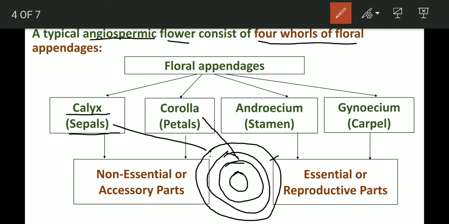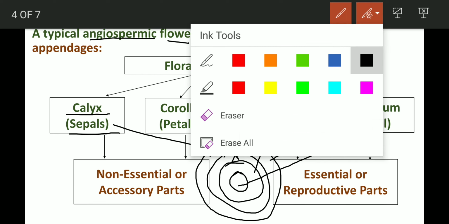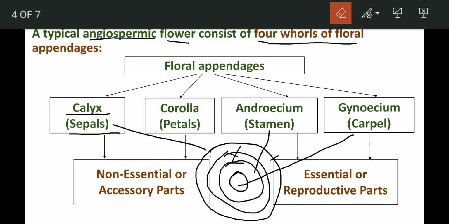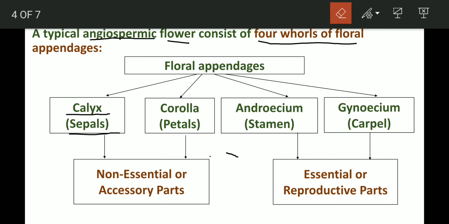Then the third appendage is the androecium, the male reproductive part called the stamen. And innermost is the gynoecium, or carpel. Is it clear? So in this way a flower consists of four whorls of floral appendages: calyx, corolla, androecium, and gynoecium.